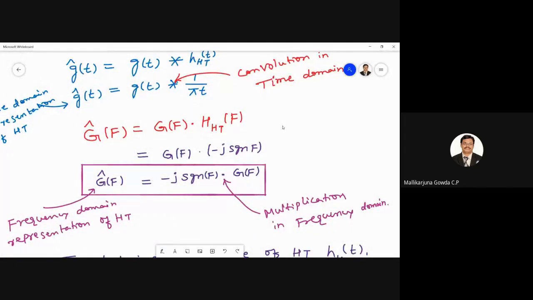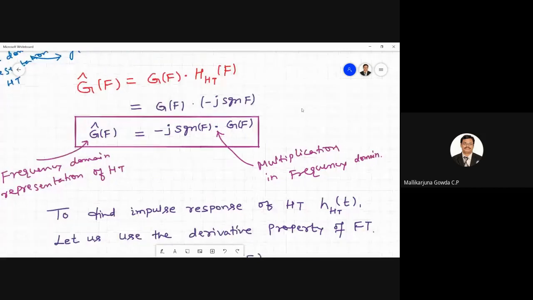I started with this equation: in time domain, we write g hat of t is equal to g of t convolved with the impulse response of the Hilbert transform. In frequency domain, it will be the multiplication of their Fourier transforms. So I wrote g cap of f is equal to g of f into H of f, right? I have written it very clearly here.